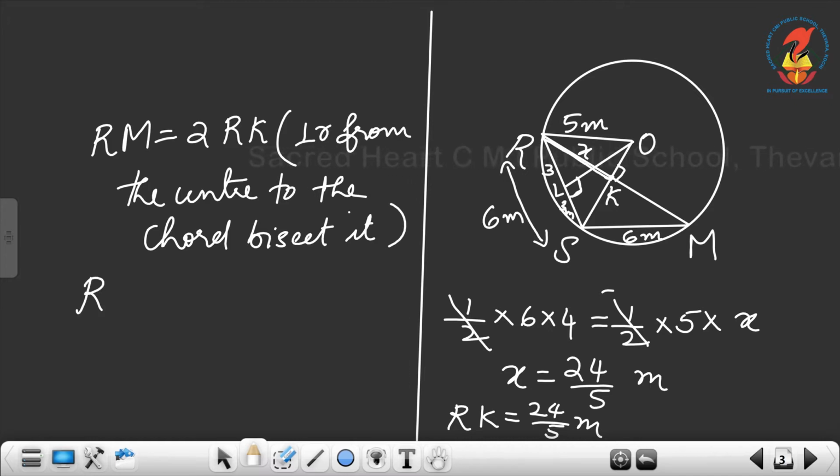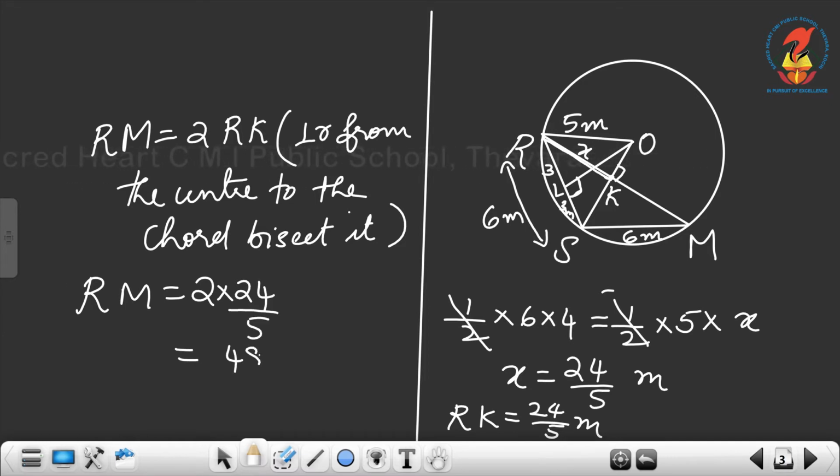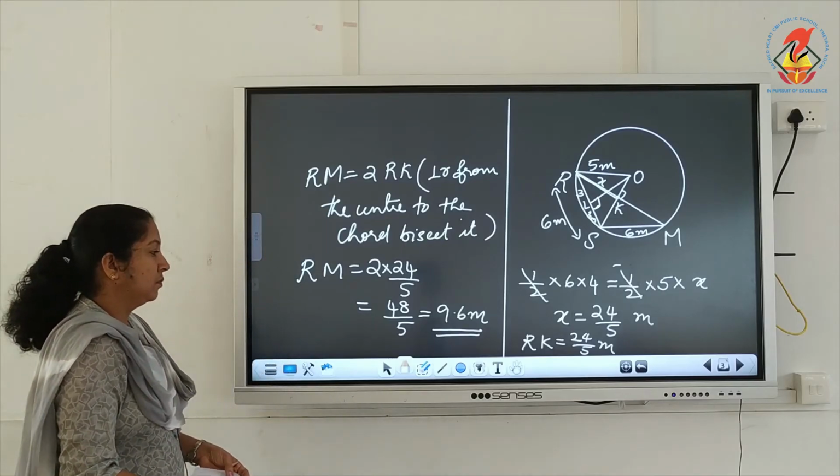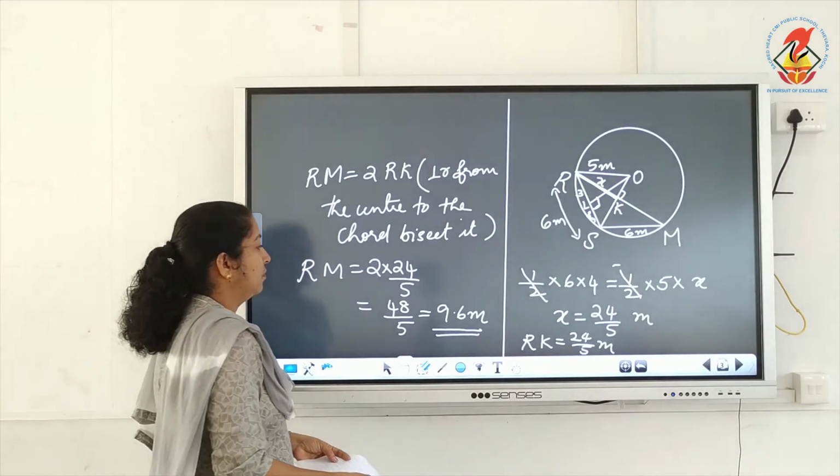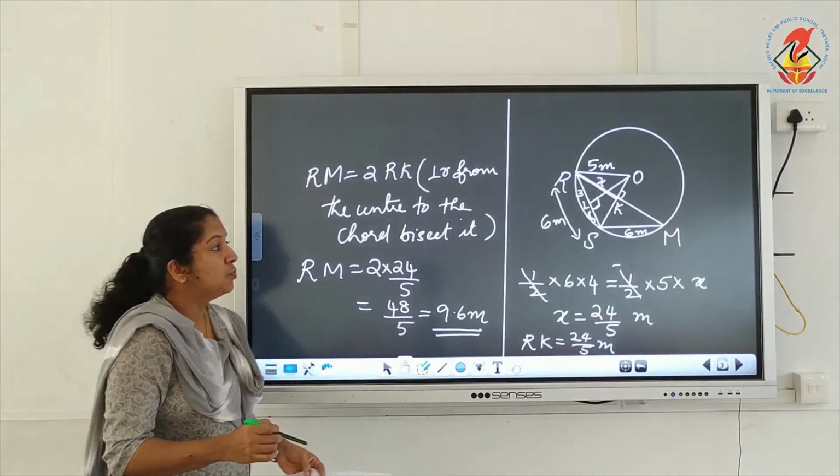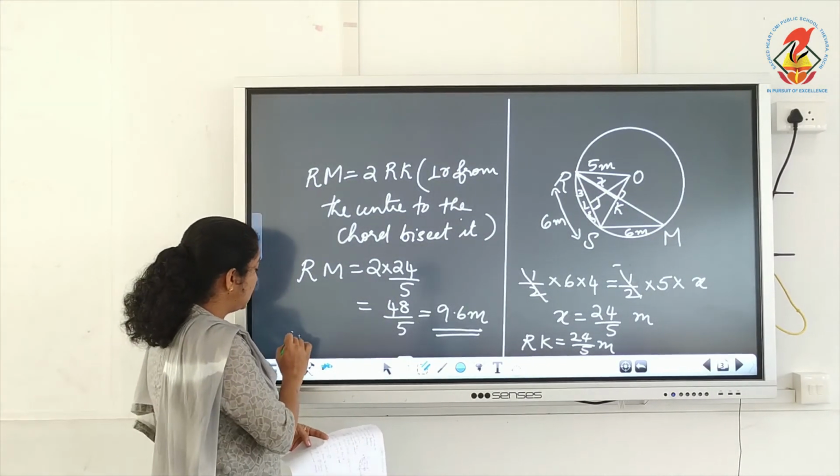So what can we write? RM is equal to 2 into 24 by 5, which is equal to 48 by 5, which is equal to 9.6 meter. You have to write the final answer.